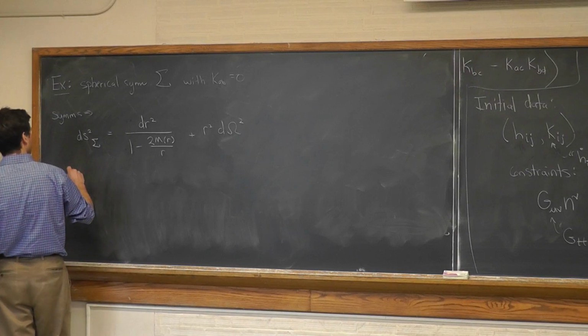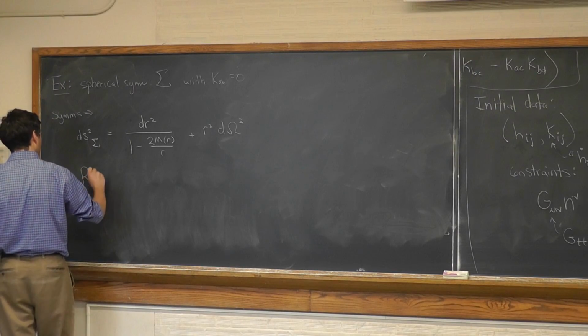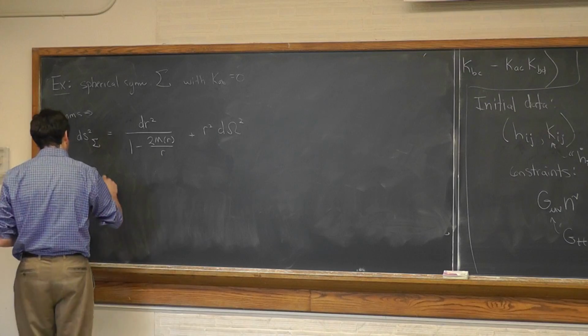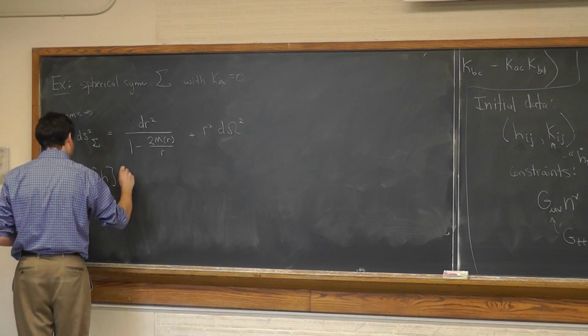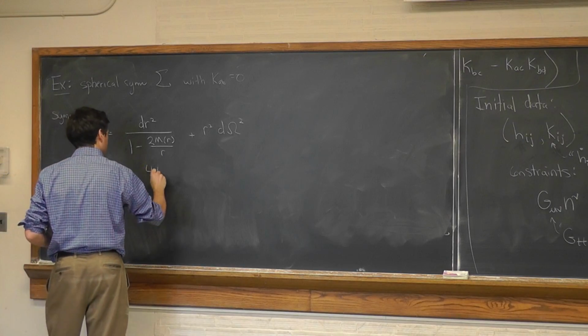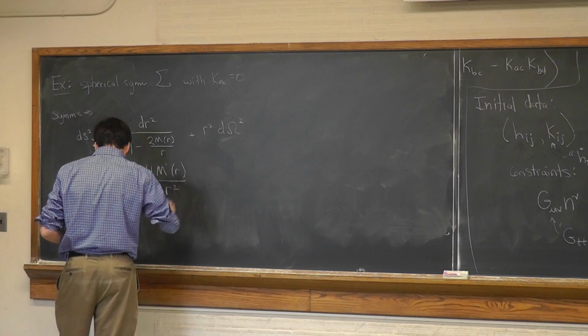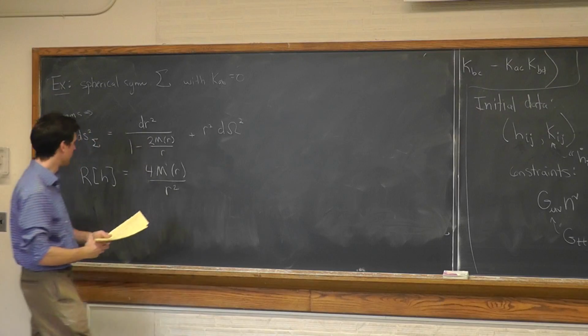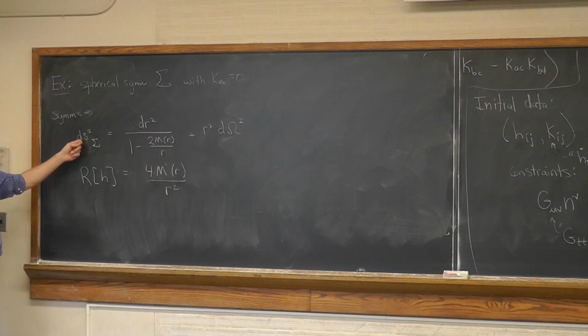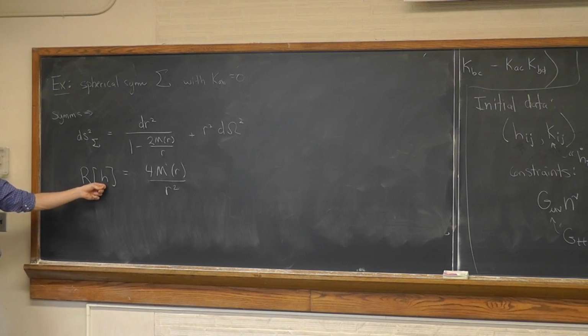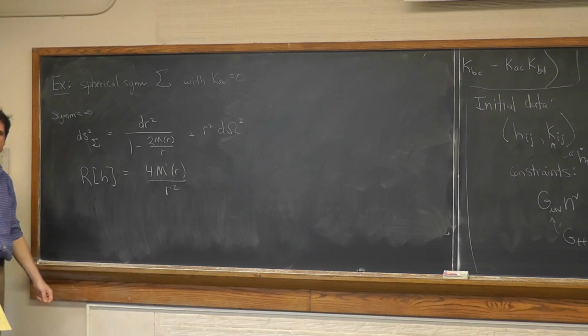Then the constraint equation for the Ricci scalar becomes R of H is equal to 4 m prime of r over r squared. If you just calculate the Ricci scalar for this induced metric on the hypersurface, then that's what you get.